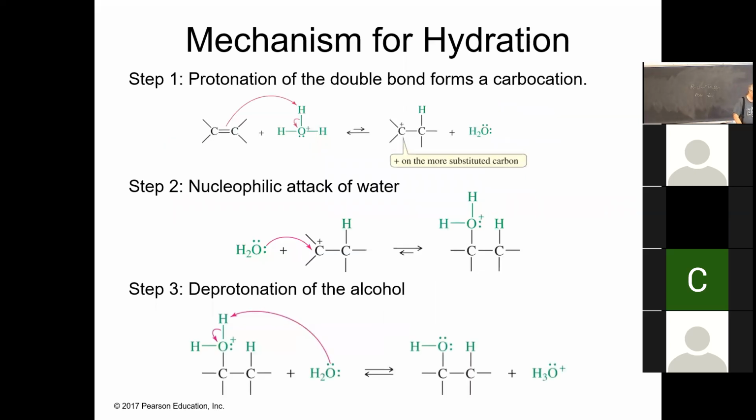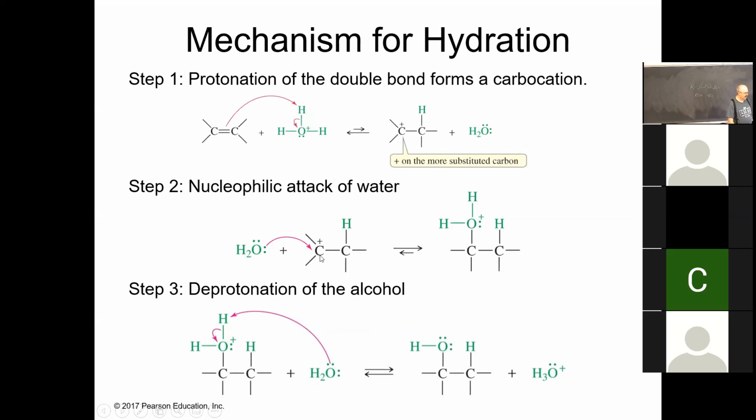All right, so here's the mechanism. Sulfuric acid reacts with water to form hydronium ion, which of course is a stronger acid than water. The alkene picks up a hydrogen. We form the more stable carbocation.